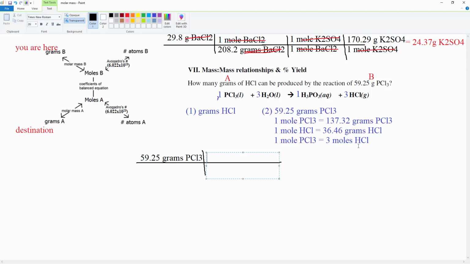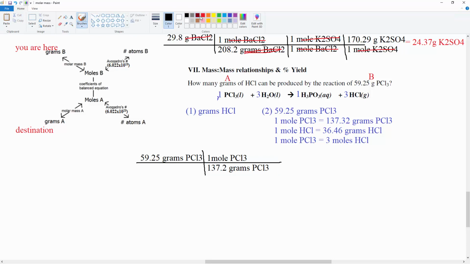Good. Molar mass was this one that we calculated right here, and we've got to put the moles on the top, because we want the grams of PCl3 to cancel. So you can see, I set that up with my dimensional analysis. They cancel. So I'm looking good.